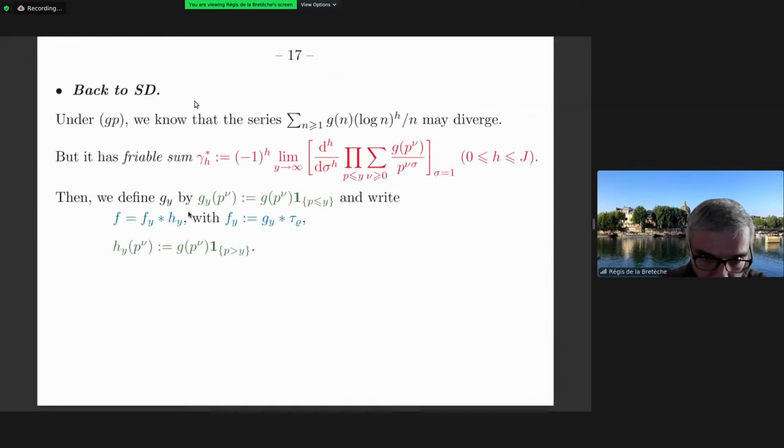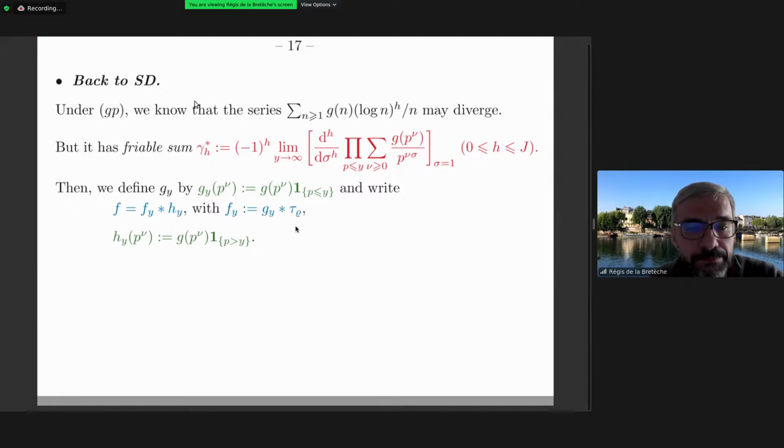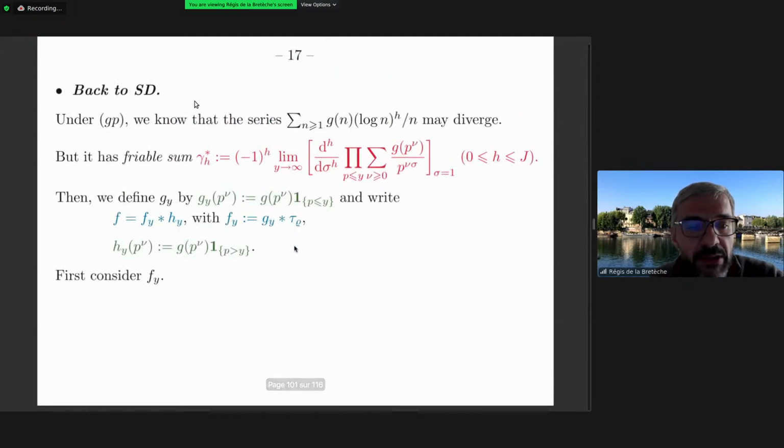So we use in our proof of Theorem 2 a convolution relation. Assume that f of y is g of y convolved with a function of rho, and we consider f of y.